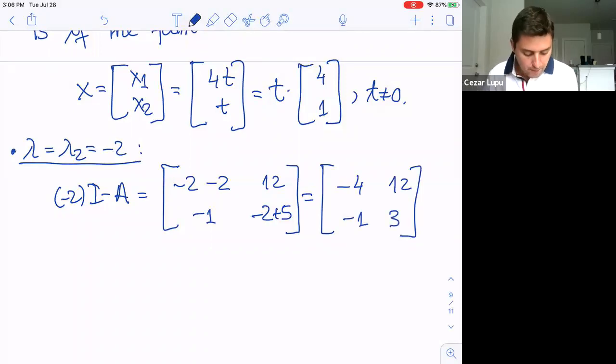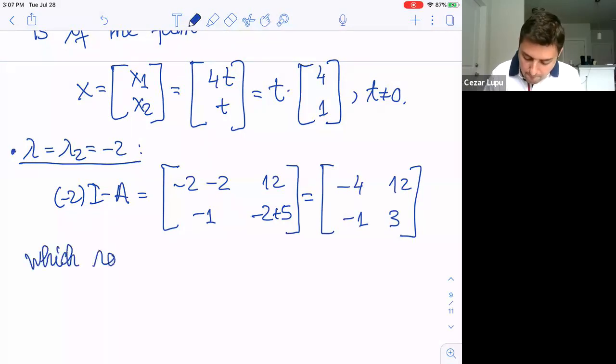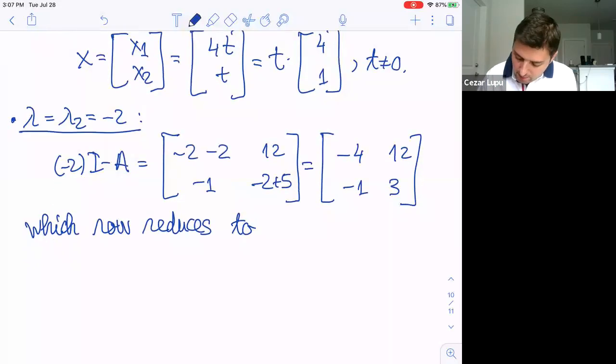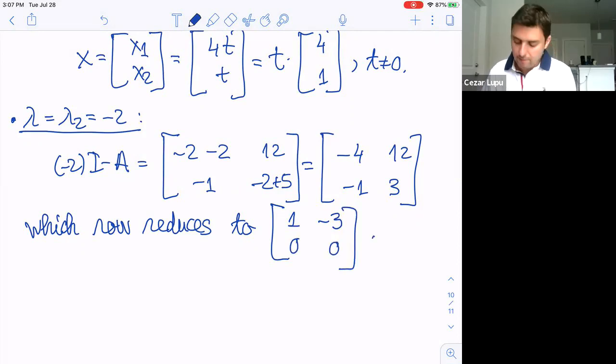Okay. And again, this row reduces to, let's see, 3. Okay, so I have to do a 0 there. This is easy to see, that will row reduce to 1, -3 and 0, 0. Okay, great.